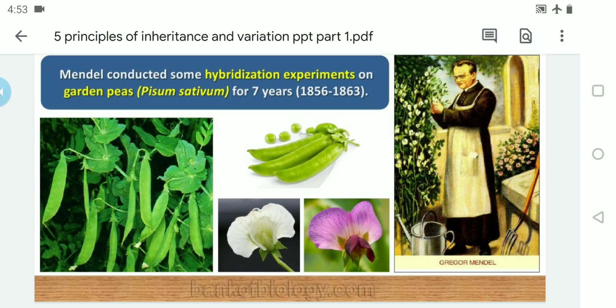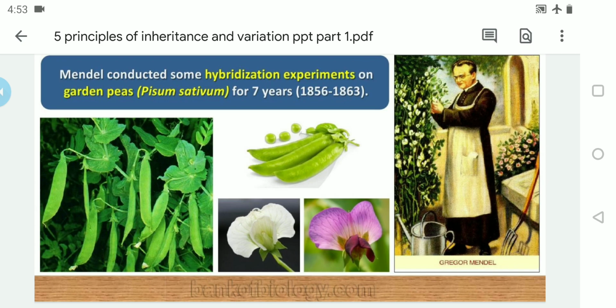Okay, but unfortunately his work went unnoticed by the scientific world, and he died in 1884. Okay, and sir, if it was not identified, then how did it come to light?